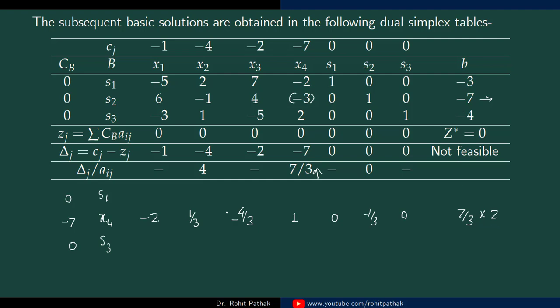Okay, so when you multiply by 2, this will become -4, -4 minus 5 will become -9. Then 2 into 1 by 3 is 2 by 3, 2 by 3 plus 2 is 8 by 3.